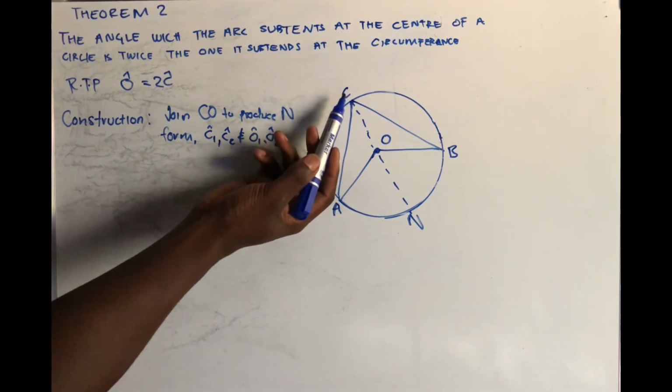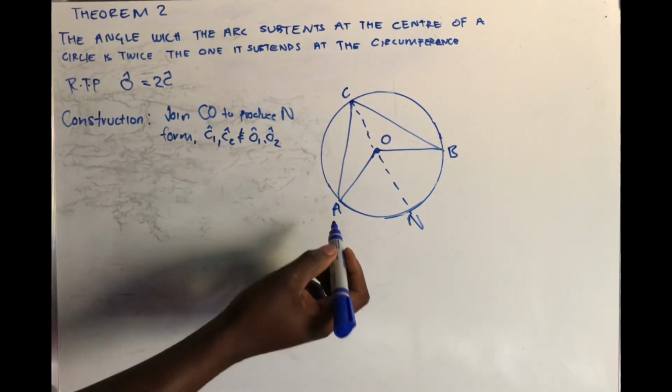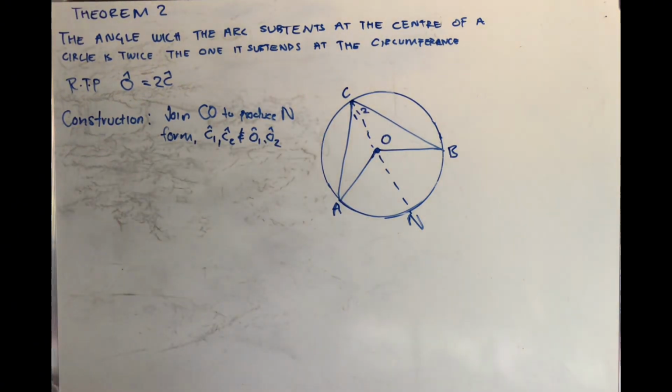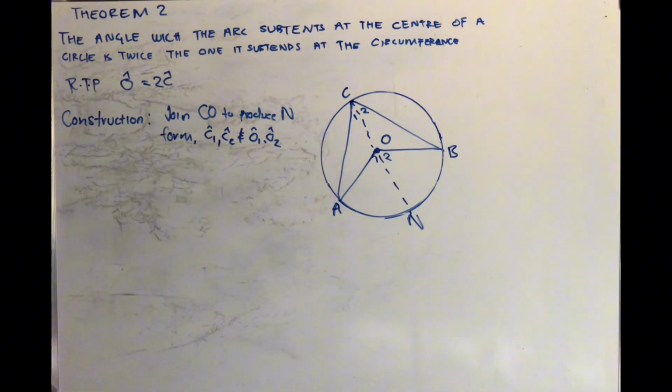So this was angle C at first, but now it's split into 2. We get a 1 and a 2 here, and a 1 and a 2 here. So angle C is split into angle C1 and angle C2. Also, O is split into angle O1 and angle O2.